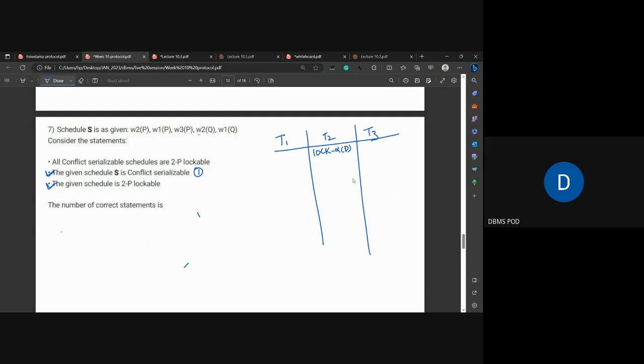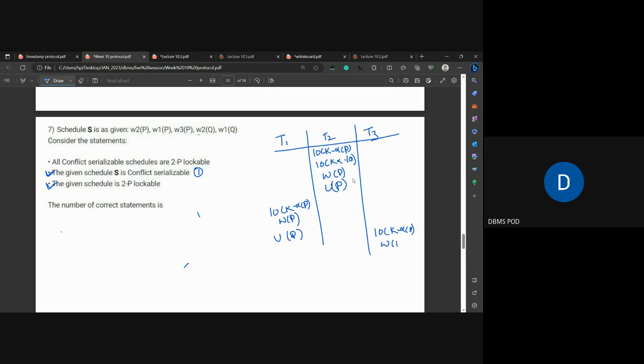After that, W2 is applied on data item Q, and no other transaction is involved, so let's also apply an exclusive lock on Q. Now write P, then we have to unlock P. Now T1 wants to update the value of P, so let's take an exclusive lock on P and write P. Then we have to unlock P, because T3 wants to access the data, so lock an exclusive lock on the P data item.